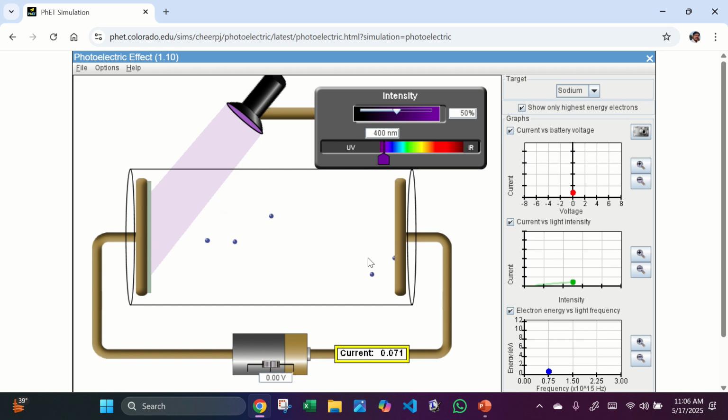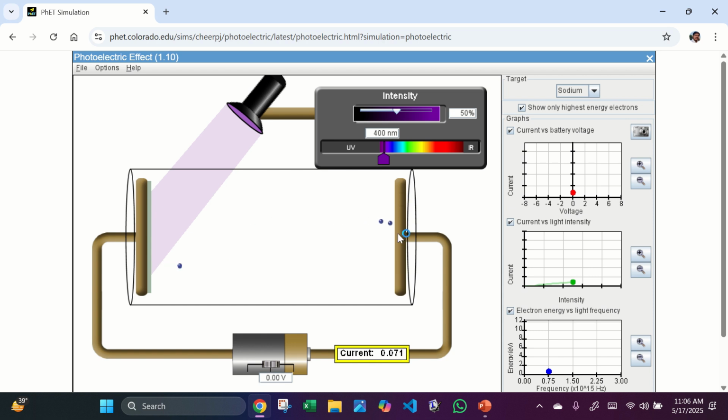Here is the battery, and this is the collector. Now the battery is at 0 volt. It means this collector is at the same potential as this emitter. So here the photo current is 0.071.